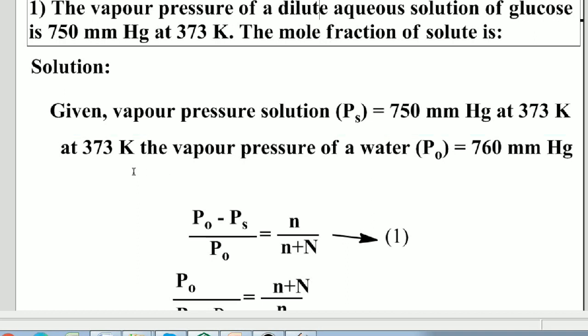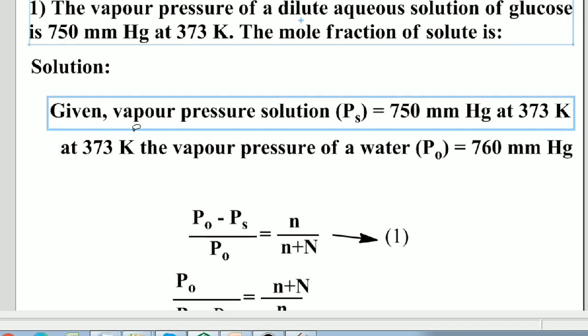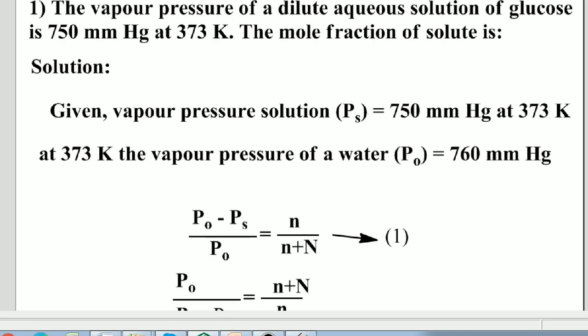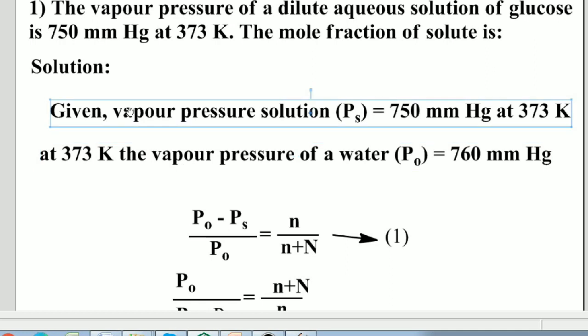Therefore, at 373 Kelvin, or at 100 degrees centigrade, the vapor pressure of water is 760 mm of Hg, and the given vapor pressure of the solution is 750 mm of Hg.